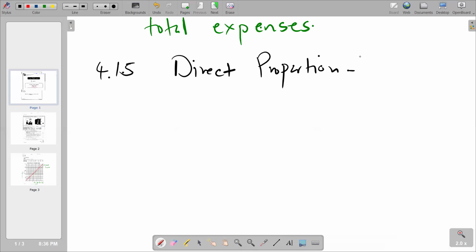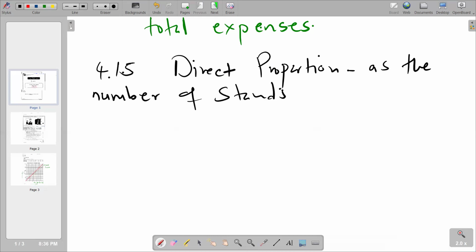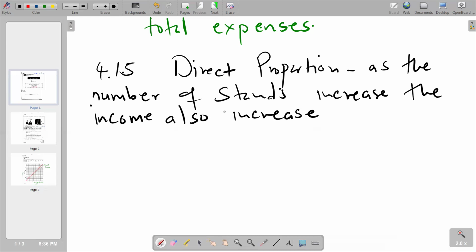And this direct proportion, we can just describe as: as the number of stands increase, the income also increases. So this depicts a direct proportion. So this is what we have.